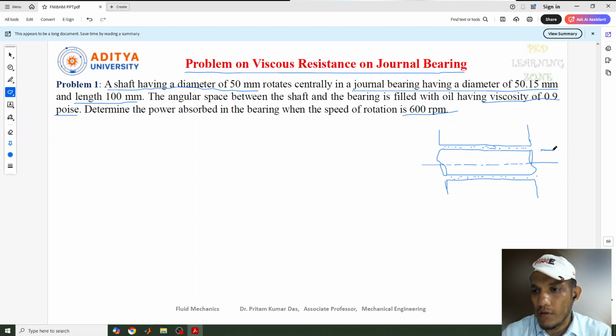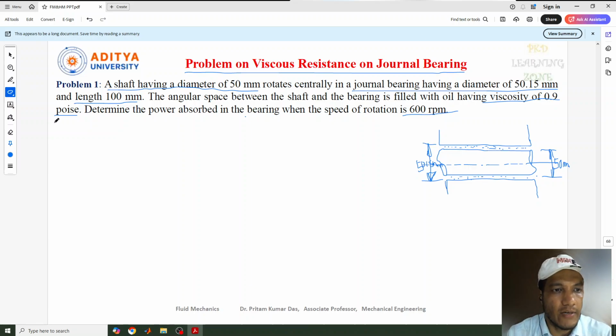Now the data given: diameter of the shaft, this is the diameter, 50 millimeter, and diameter of the bearing is also given, 50.15 millimeter. And the oil used between this shaft and the bearing is given as 0.9 poise, and the rotation of the shaft is given as 600 rpm.